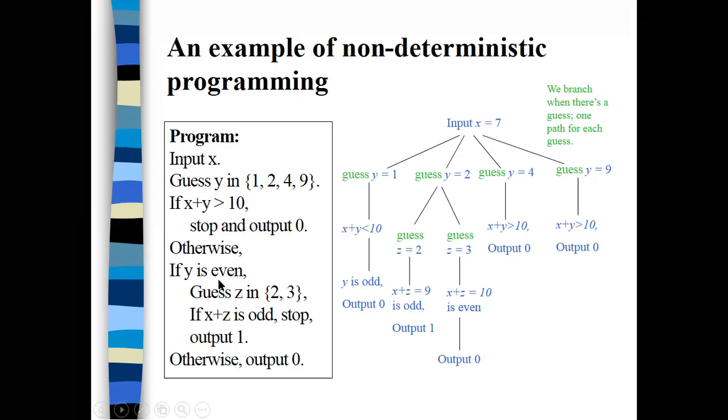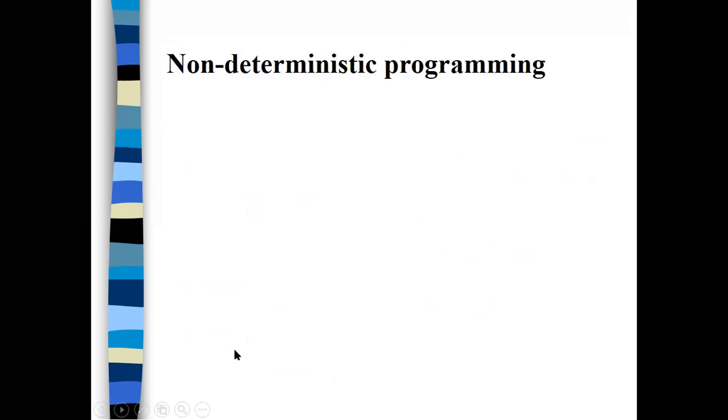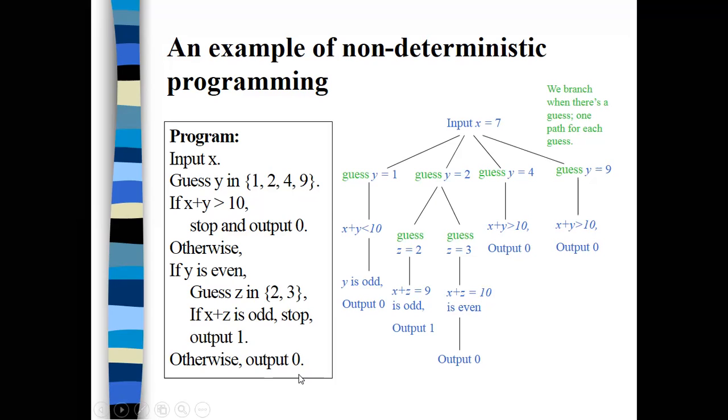Otherwise, if y is even, guess z. So we have another program here. Here we have 1, 2, 4, 9, and if y is even, and other than that, guess z is 2 or 3. If x plus z is odd, stop and give the output 1. Otherwise, give the output 0. So this is the program we have to solve.